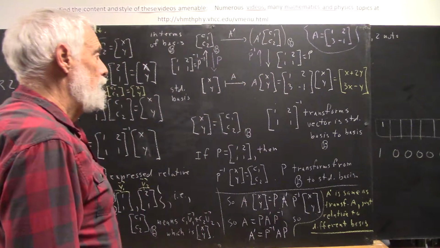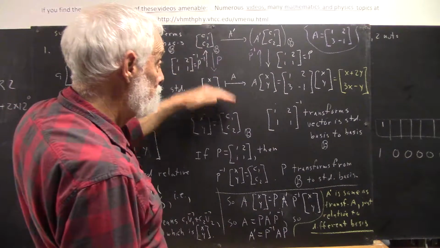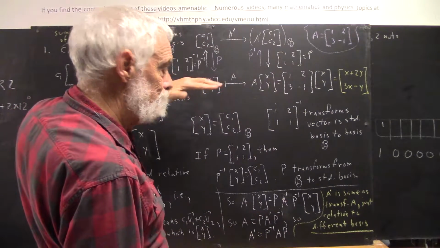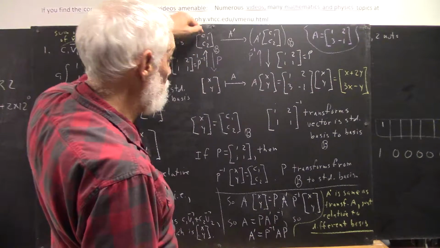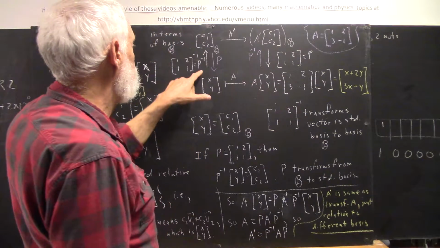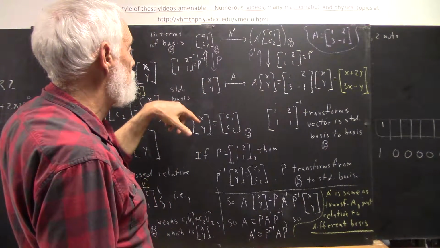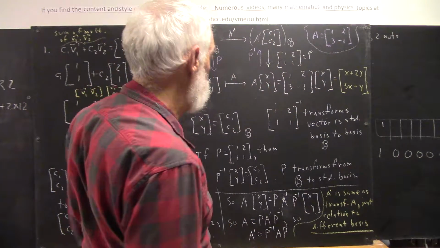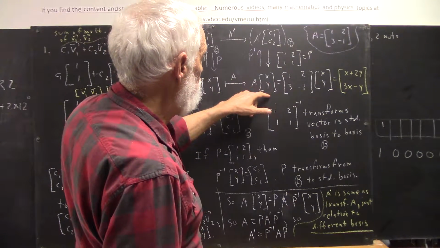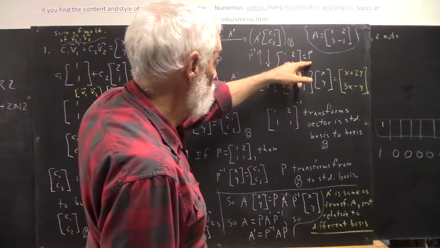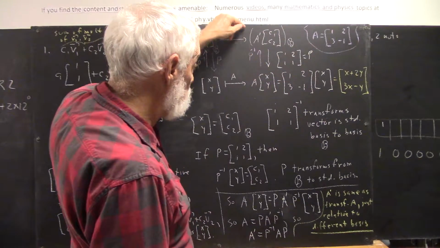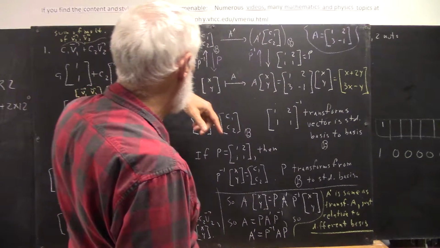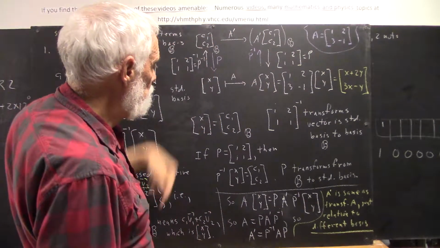So if we want to take a vector down here and lift it up to this basis, we're going to use the P inverse matrix. If we want to go from here down to here, we're going to use the P matrix. Going up, we use the P inverse matrix. And then going down from here, we would use the P matrix.